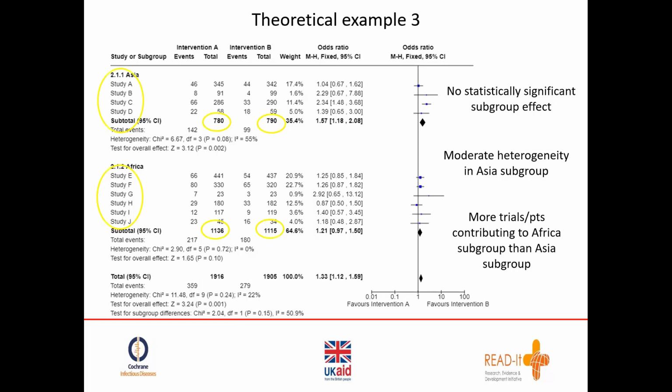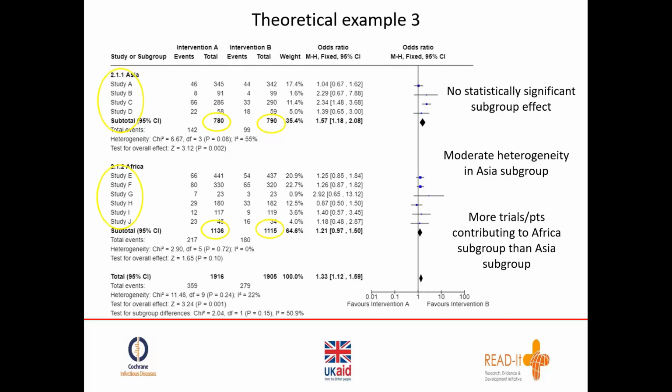So in real life, we would probably need clinical input to determine whether the uneven covariate distribution is an important issue here. It may be that if we had more trials in the Asia subgroup, then a statistically significant subgroup effect would be observed. And thinking about that residual heterogeneity in the Asia subgroup, it's probably unlikely that this analysis was performed to investigate sources of heterogeneity.